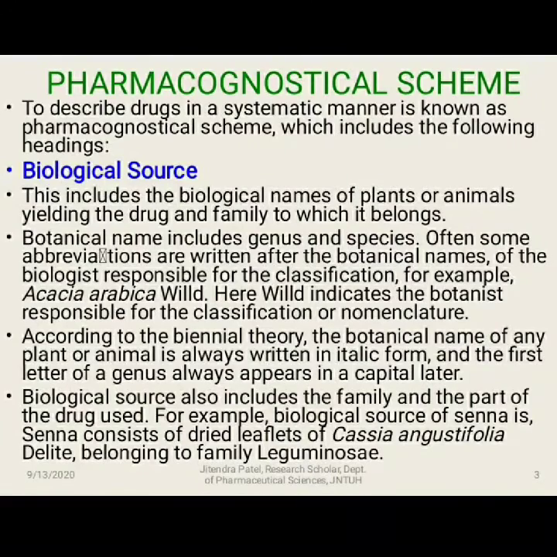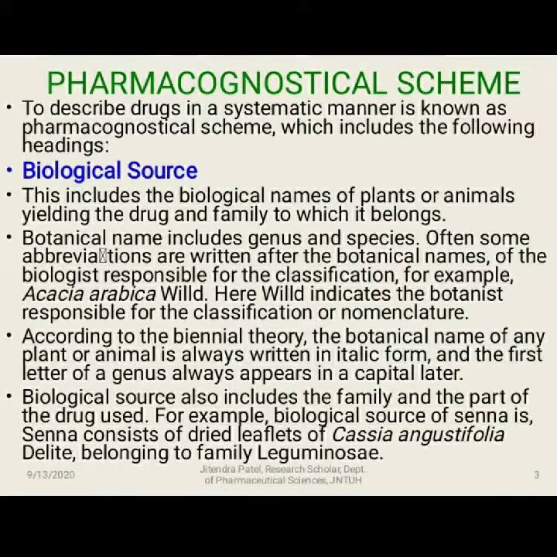So in Acacia arabica Willd, Acacia is the genus name, where the first letter A is capital. So it should be in italic, the first letter of the genus should be capital, and the abbreviation will indicate further description of the plant or animal.